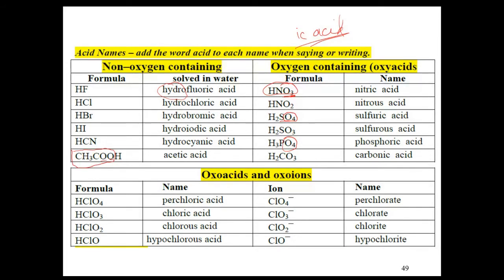It becomes acetic acid. It is nitrate. It becomes nitric acid. It is sulfate. It becomes sulfuric acid. It is phosphate. It becomes phosphoric acid. So this is a method how to save these names. If you see oxygen, don't start with hydro. If no oxygen, then start with hydro.